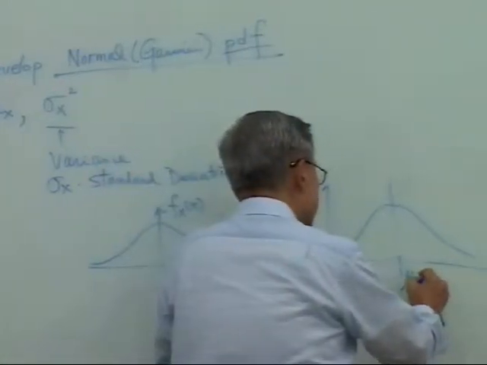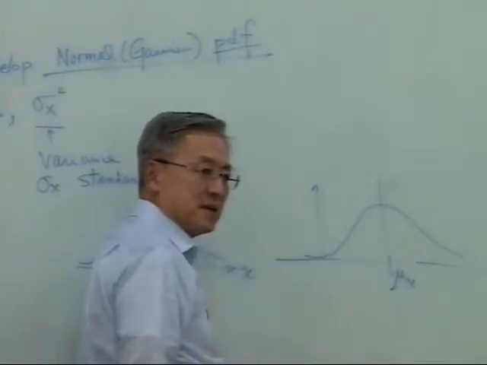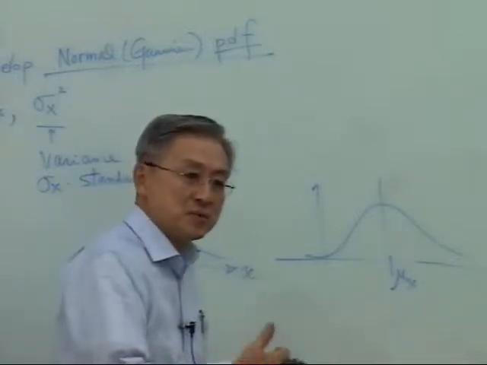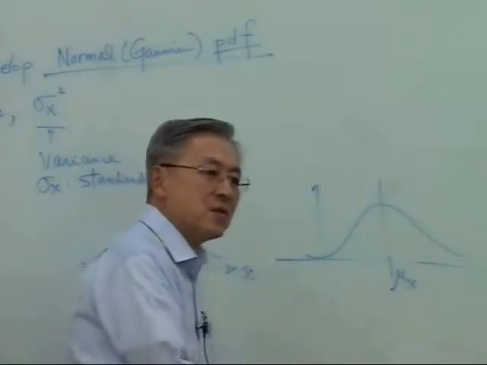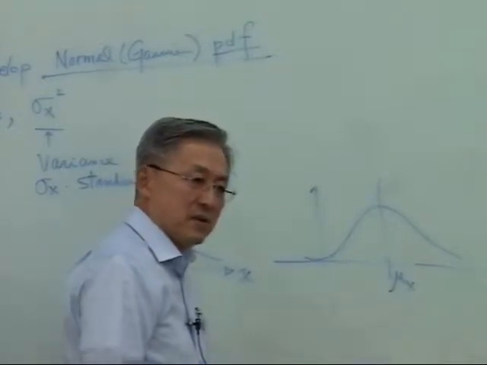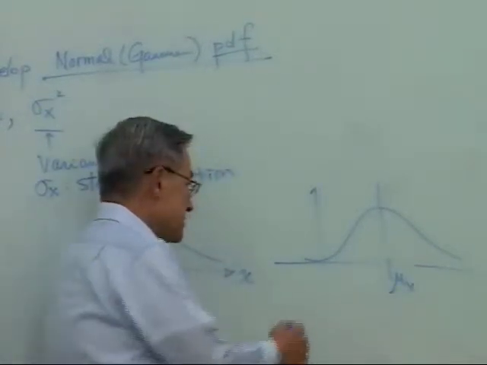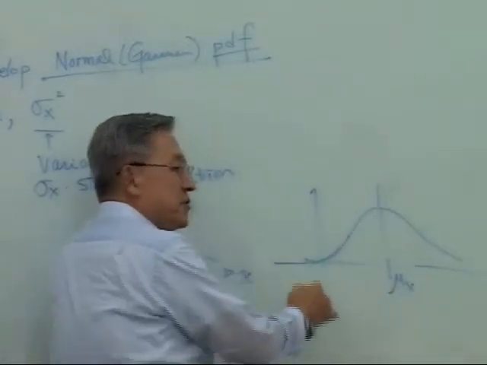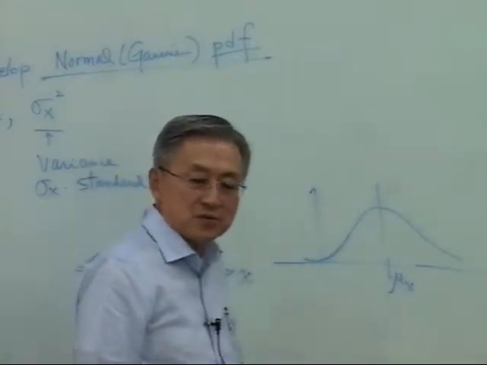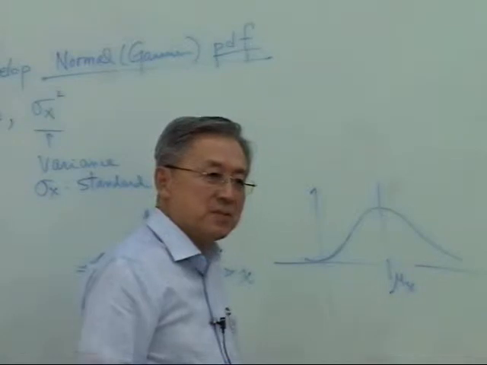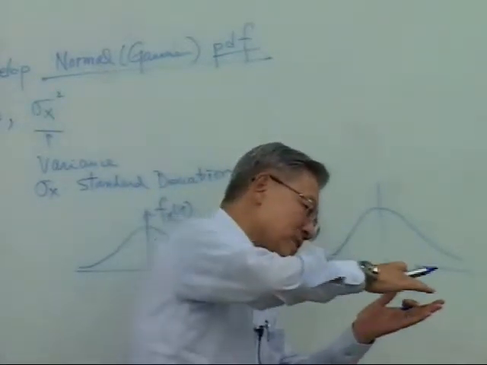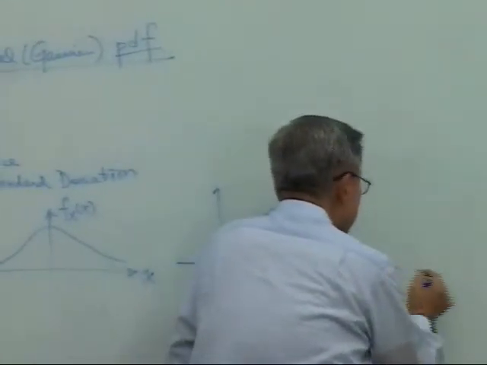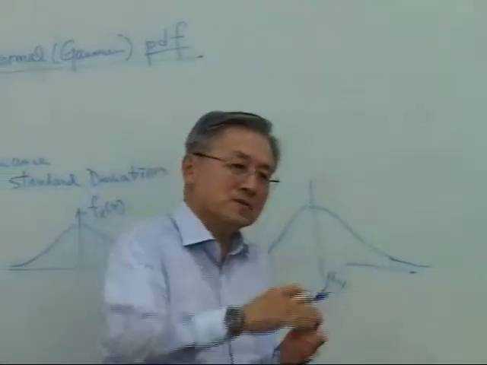Then this is like mu x, okay? Then all the experimental data, depending on the data set, doesn't go below 0. But normal distribution wise, this will go down and go down, will never touch the x-axis, the horizontal axis, never touches. But getting infinitely close, okay? And in the positive direction is going to be infinitely close.